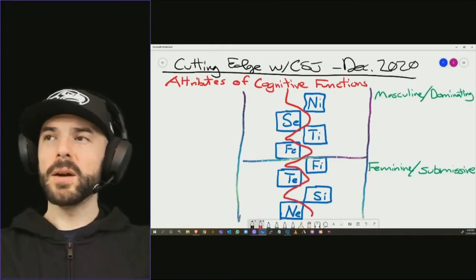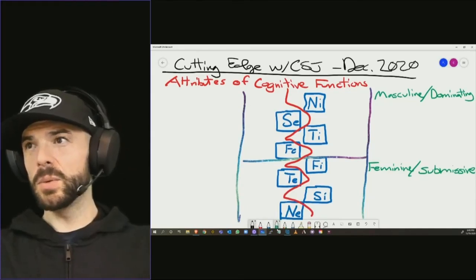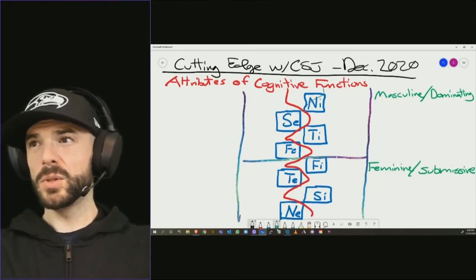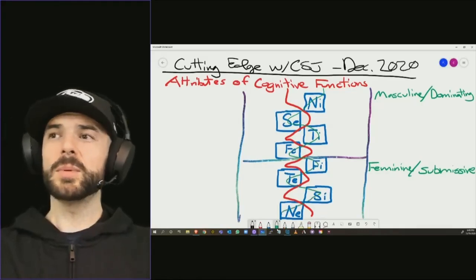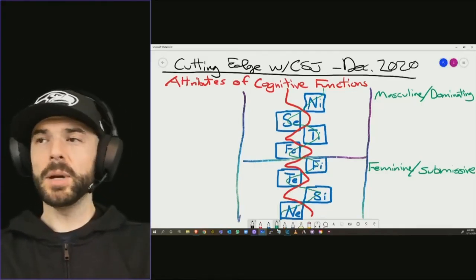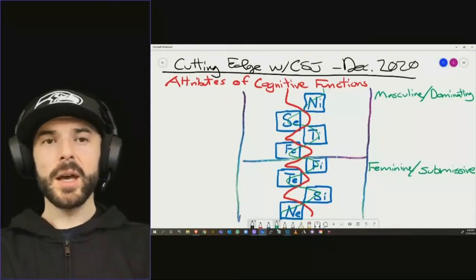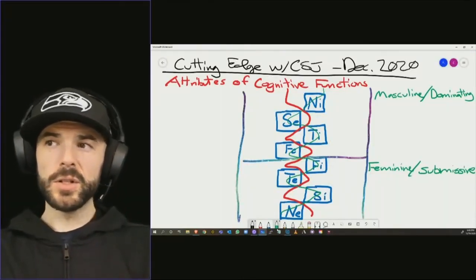And what this pattern basically is, is a DNA pair strand essentially. That represents the cognitive functions themselves.